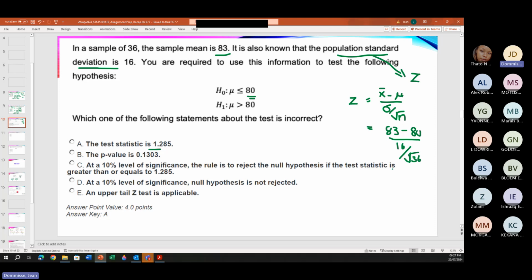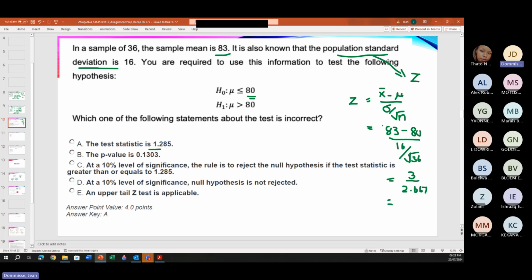So 83 minus 80 is 3, and 16 divided by 6 is 2.667.